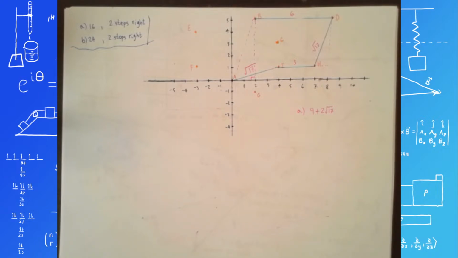Part C, what's the distance traveled by someone who goes from point C to I to F to E to G? C, I, F, E, G. Let's do purple for this.